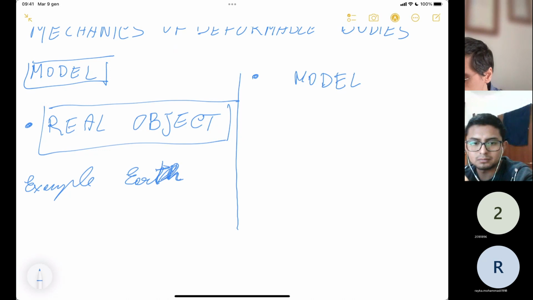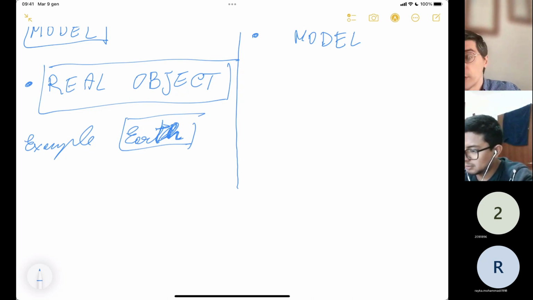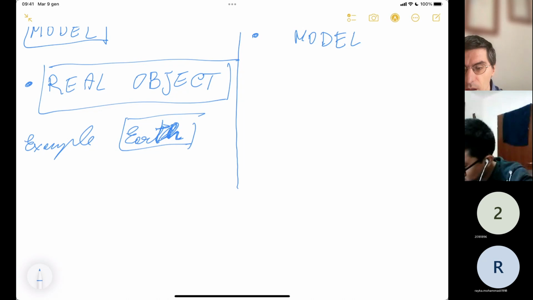You know, the real object Earth can have different motions, and depending on what you want to describe, you can use different models.